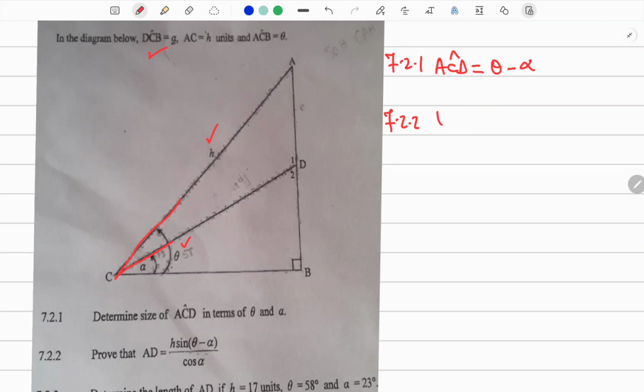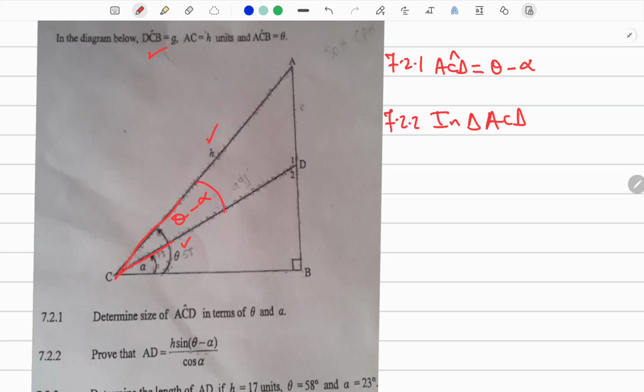To do that, you need to work in triangle ACD, and if you do that, you observe other angles that are present in the triangle. You are able to see that this one is theta minus alpha.